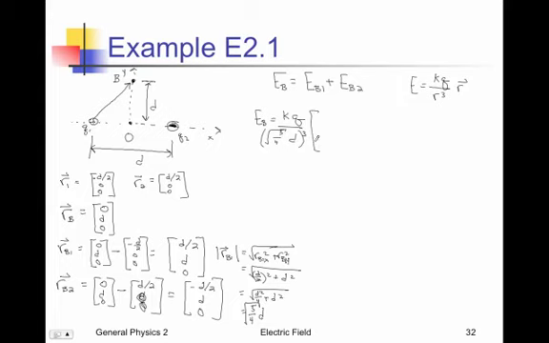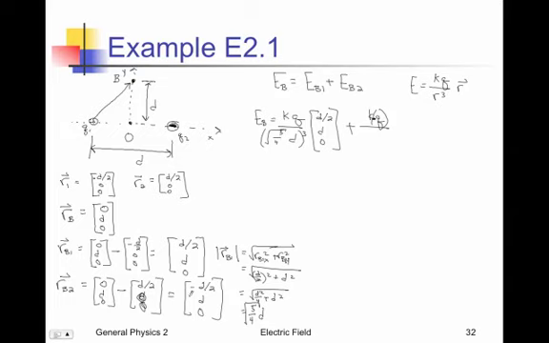And I'm writing in my vector here, R_B1, so that's D over 2, D, 0. Now I'm going to add this term, so I have kQ over, and this time it's going to be a negative because this charge here is negative.